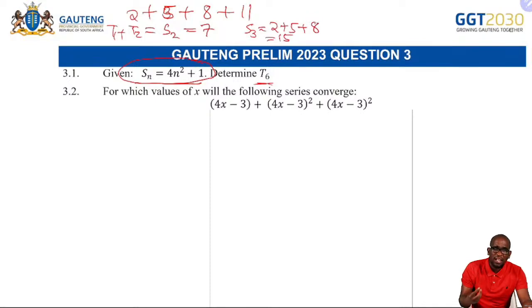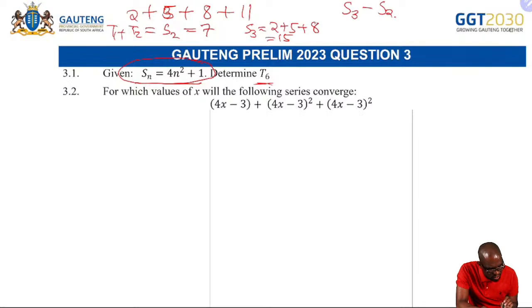Now, from here, what you should be able to pick up is a new pattern that generates out of the sum. If you subtract your S2 from your S3, what are you going to get? You're going to get 15 minus 7.